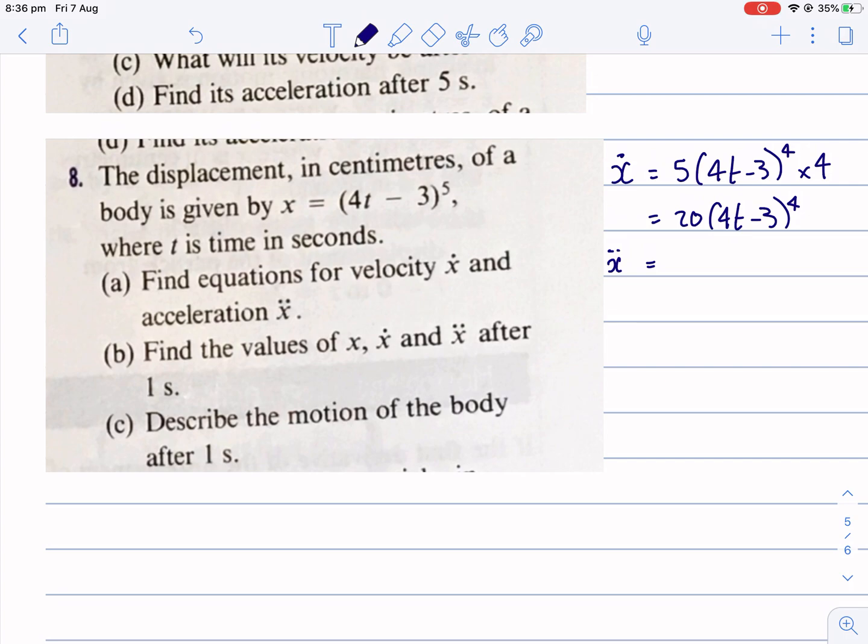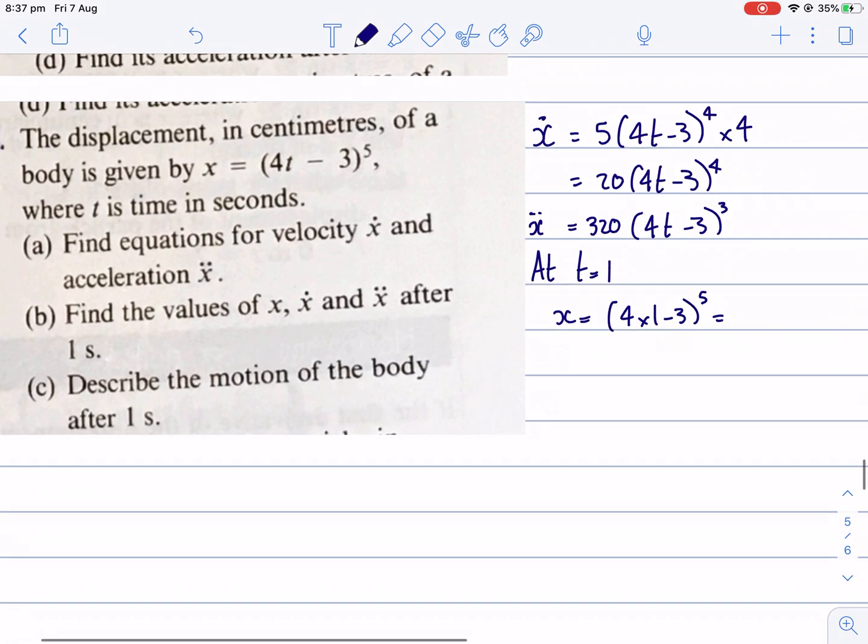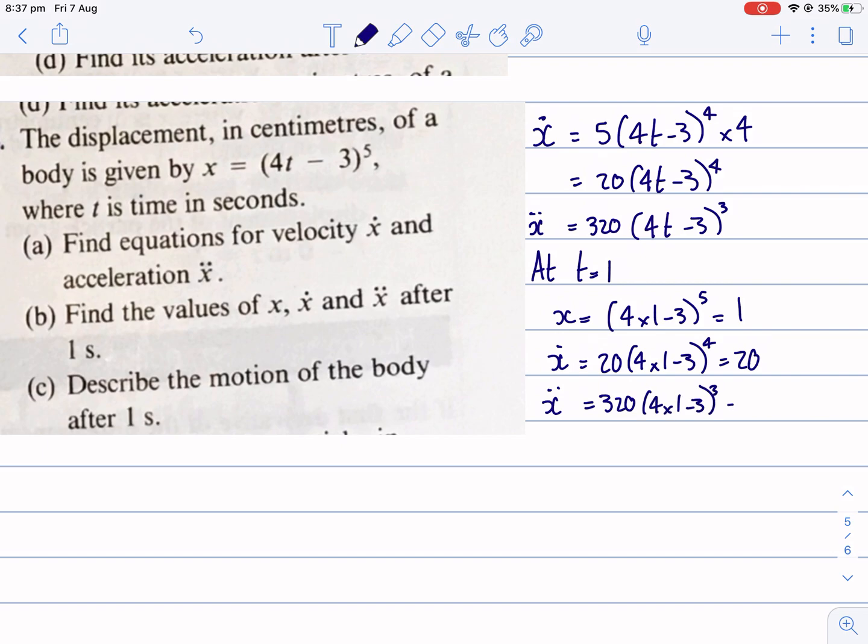Second derivative for acceleration, we've got 80, 4t take 3 to the 3, times that 4, 320. x is going to be 4 times 1 take 3 to the 5, which is 1. x dot, 20 times 1 take 3 to the 4 is going to be 20. x dot dot, 320, 4 times 1 take 3 to the 3, 320.